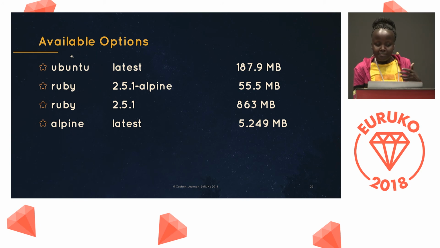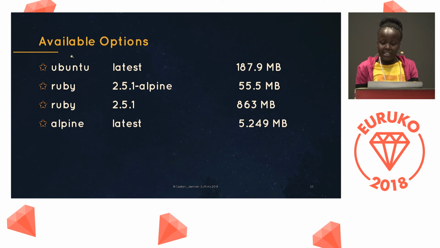You could work with Ubuntu or any other Linux OS you have. However, the size is like 187 megabytes. And if you chose the Ruby Alpine, it would be like 55 megabytes, which is an improvement. And if you use standard Ruby as your base image, it's like 863 megabytes.